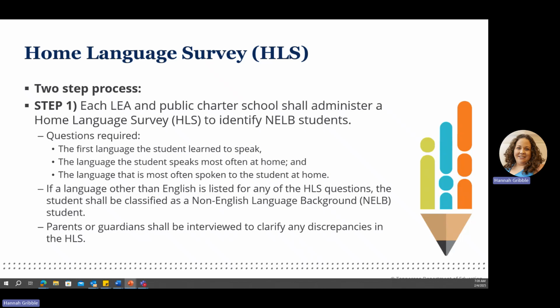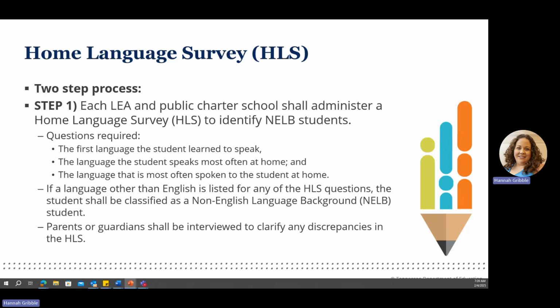The required questions ask about the first language the student learned to speak, the language the student speaks most often at home or outside of school, and the language that is most often spoken to the student at home. If a language other than English is listed for any of the HLS questions, the student should be classified as a non-English language background student.